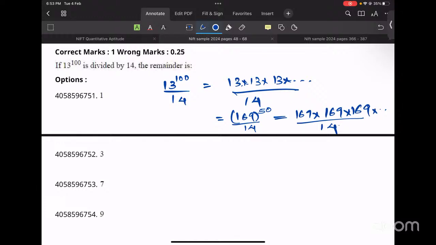Divide 169 by 14: the remainder is 1, so everywhere 1 is the remainder. 1 into 1 into 1, 50 times, is 1. This is the technique. Deduct the numbers this way and solve it.